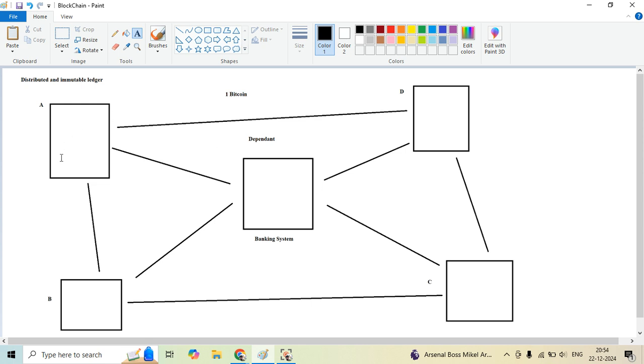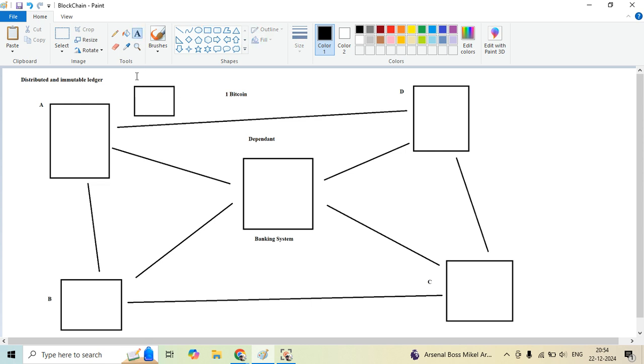But what is this copy of the ledgers and the centralized ledger? The main thing here is that when A wants to send 1 Bitcoin to D, it makes a block.